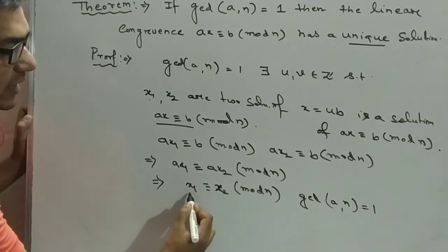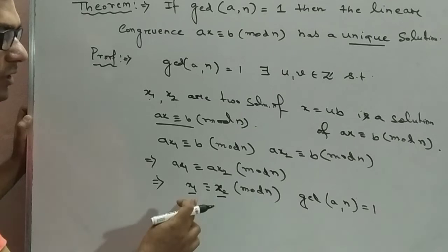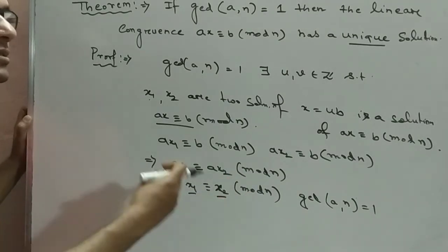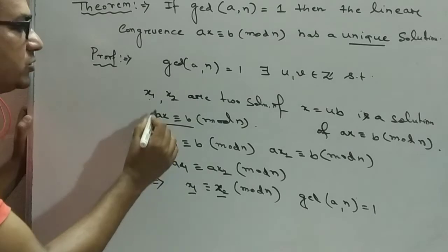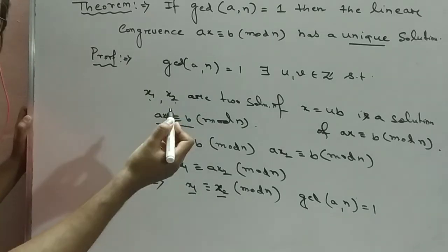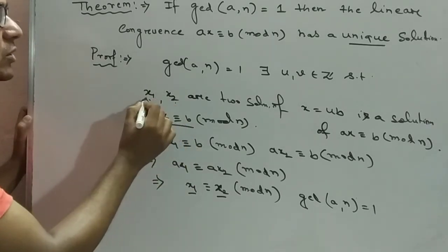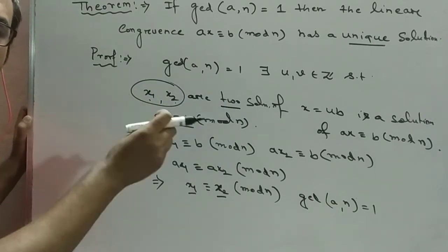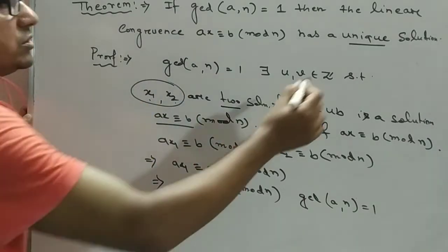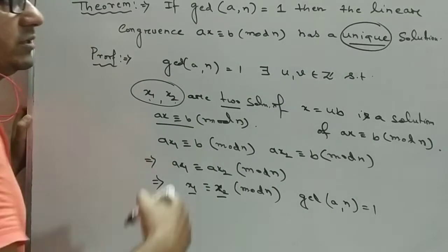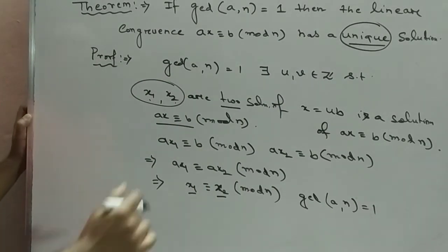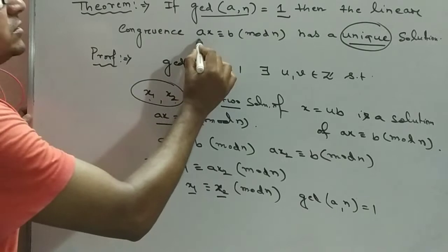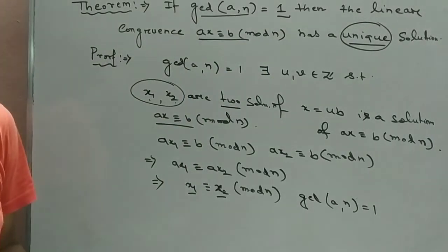So x1 and x2 are congruent modulo n. That is, in view of congruence, x1 and x2 are the same. So there are no two solutions, there is only one solution. Right? That is, if GCD of A and n equals 1, then this linear congruence has a unique solution.